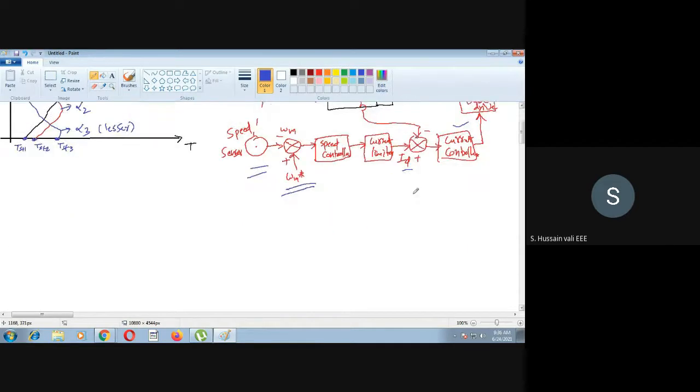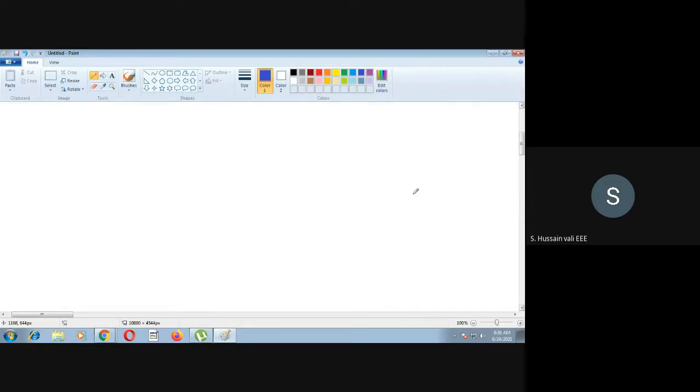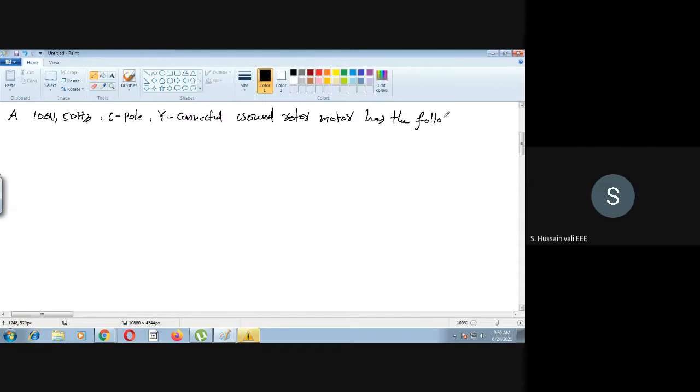Okay, now we'll solve a numerical problem. The 100-volt, 50 hertz, 6 pole, star connected, wound rotor motor has the following parameters.